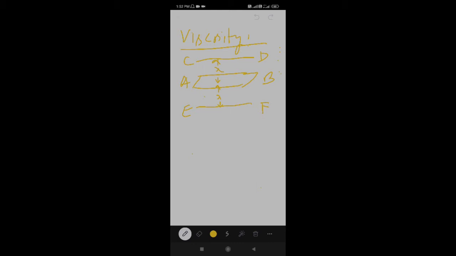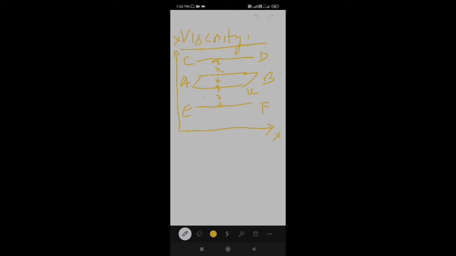Again, let us assume that this middle layer is traveling with velocity u. That means molecules in the middle layer are moving with velocity u. Let us assume this is the x direction, this is the y direction. In the y direction let us assume that the velocities are increasing. That means the velocity of molecules in the EF layer is lower than the velocity of molecules in the AB layer.